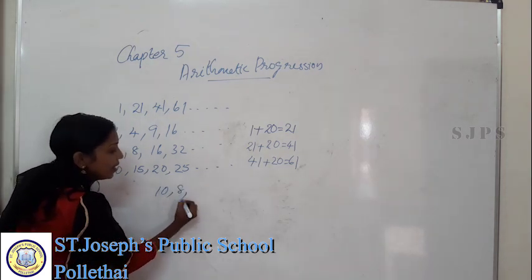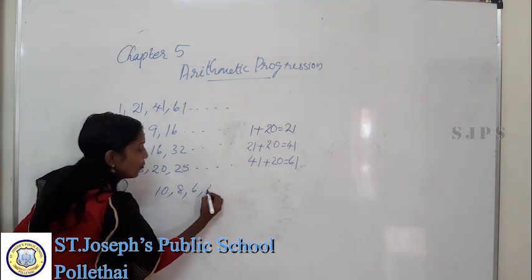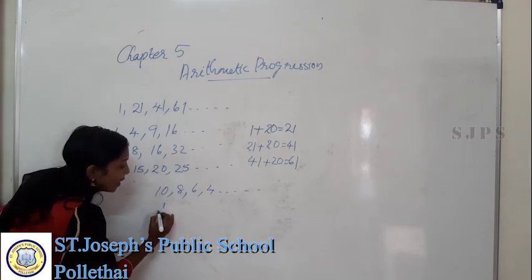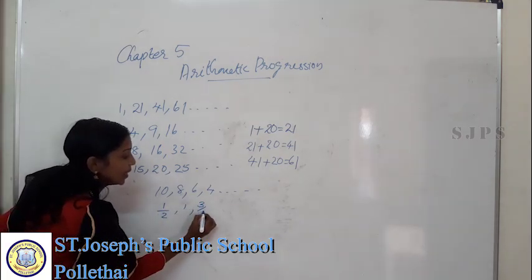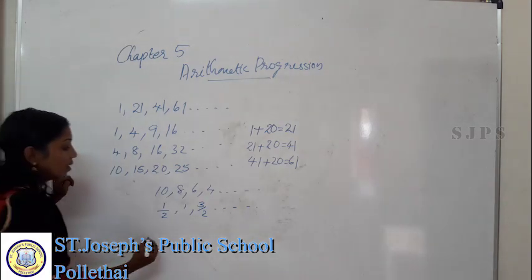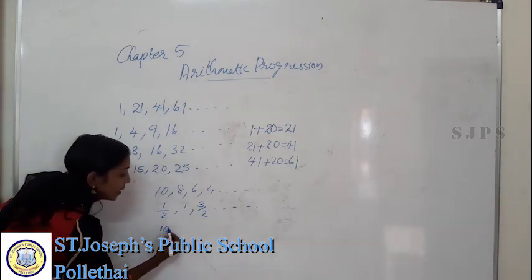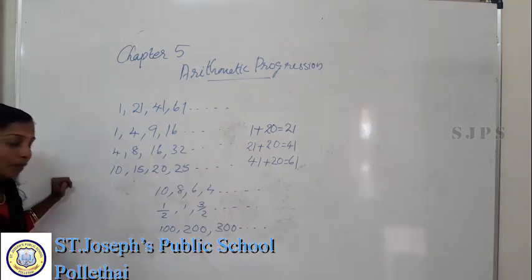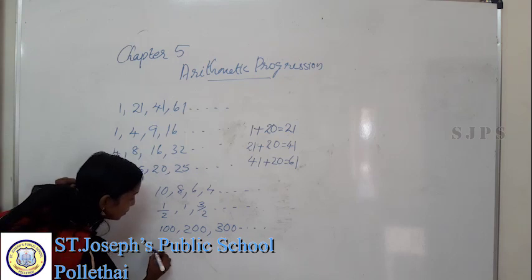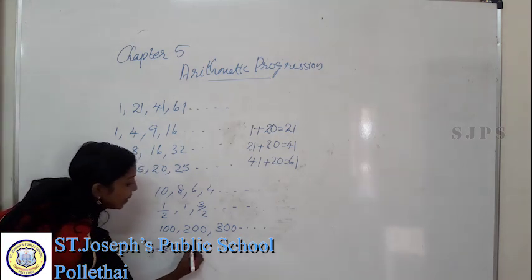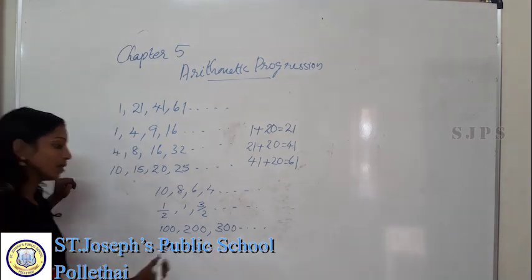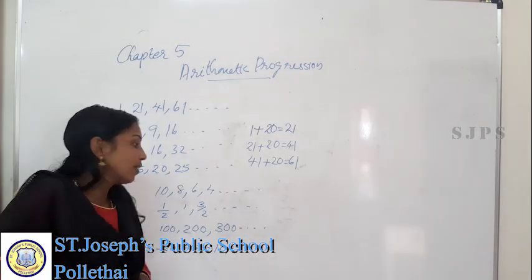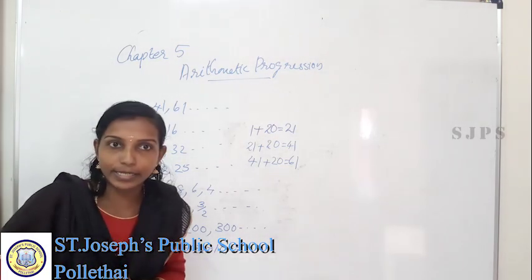For example, 10, 8, 6, 4, etc. Then 1 by 2, 1, 3 by 2, etc. Then 100, 200, 300, etc. Minus 20, minus 15, minus 10, minus 5, etc. These are some examples of arithmetic progression.